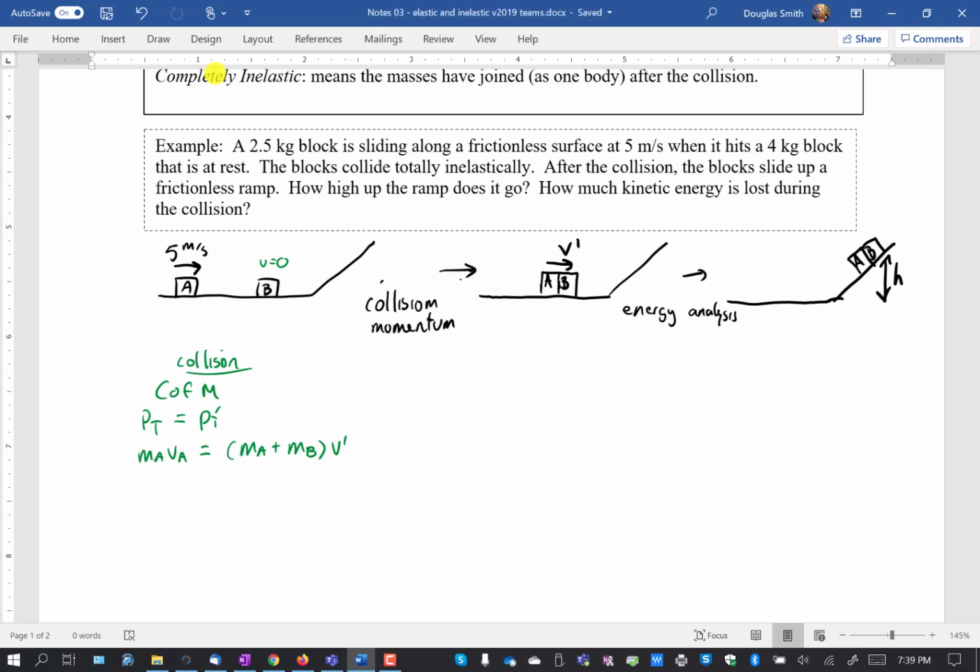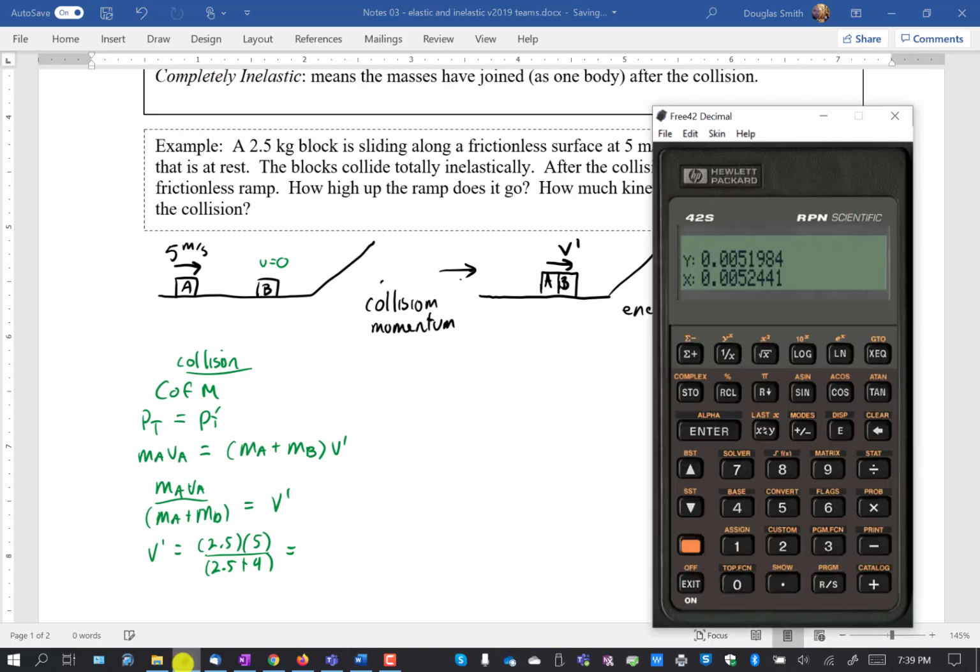So I'm going to divide both sides of the equation by MA plus MB. So VA divided by MA plus MB is equal to V prime. V prime is 2.5 times 5 meters per second divided by 2.5 plus 4 kilogram block.